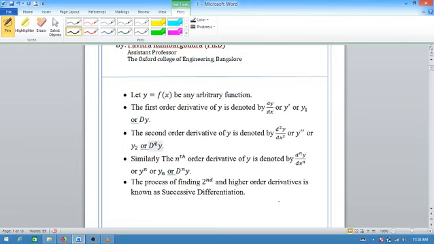So, the process of finding second and higher order derivatives is known as successive differentiation. In this session, we are finding the nth order derivative for some standard functions.